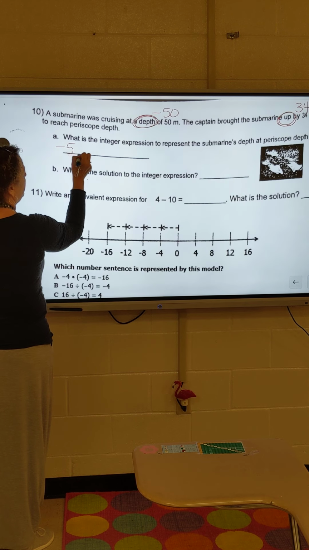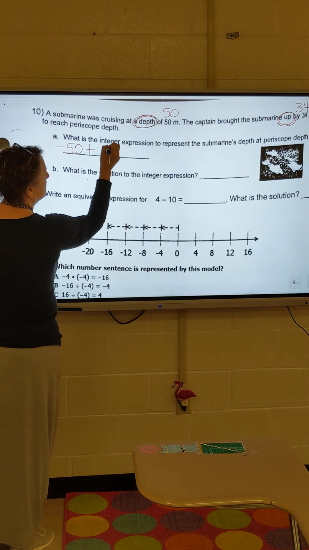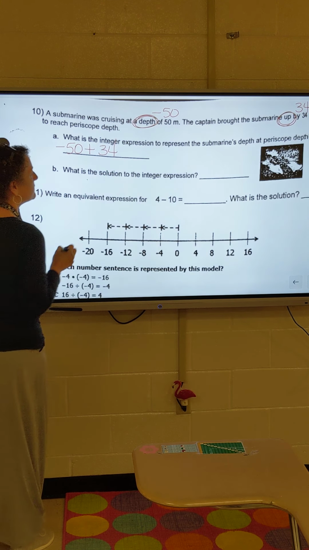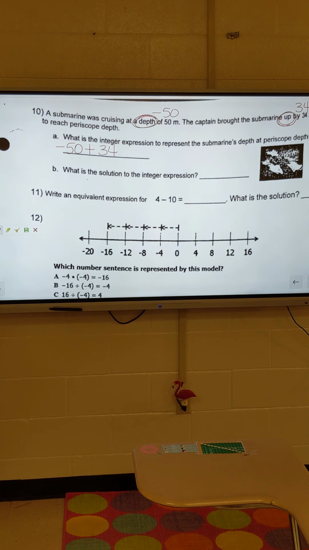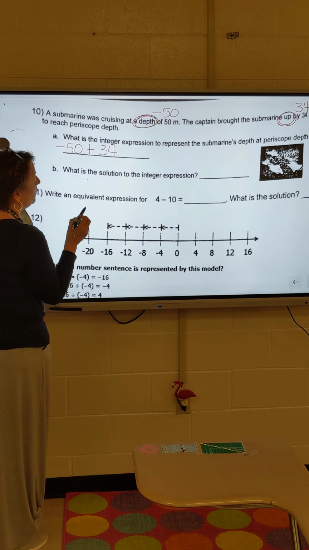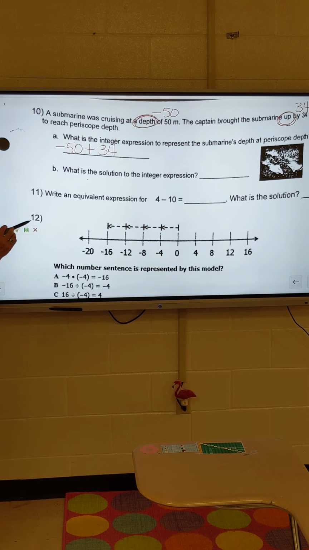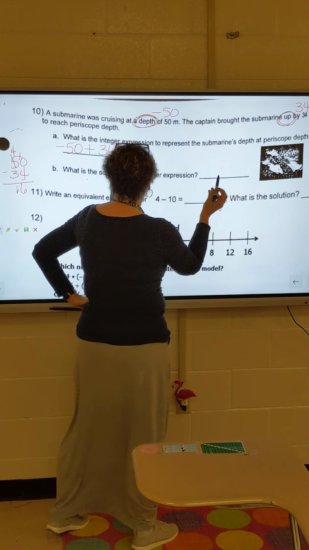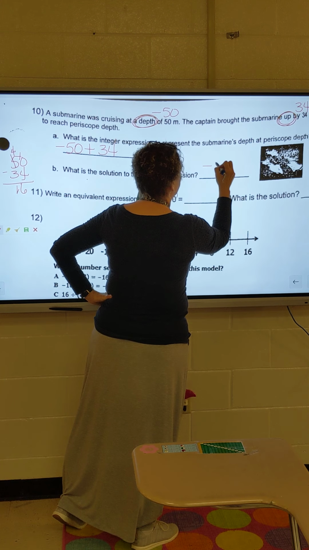So we've got -50 plus 34. Our signs are different, right? So if the signs are different, what do we do? We're going to subtract, and when we subtract 50 minus 34, we get 16, and B says that it is negative 16.